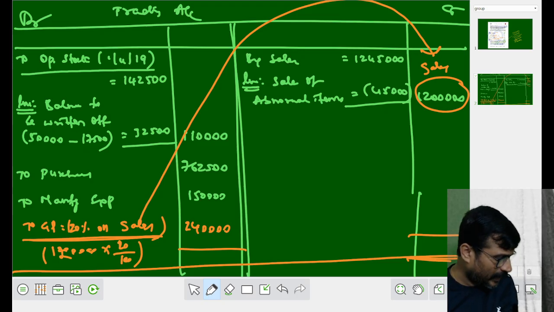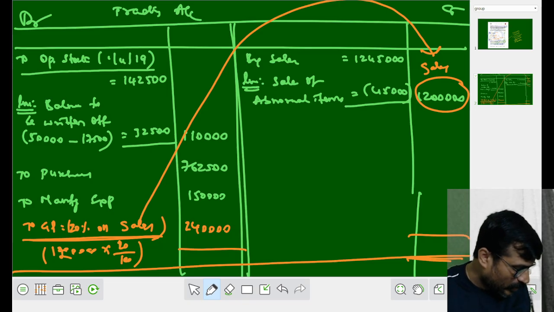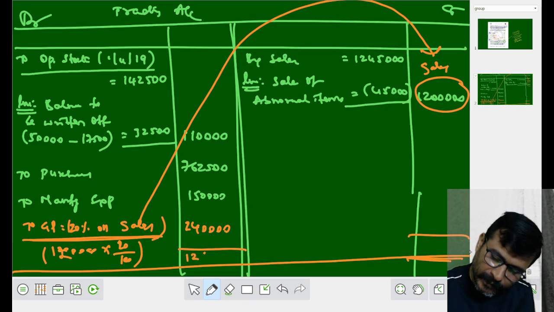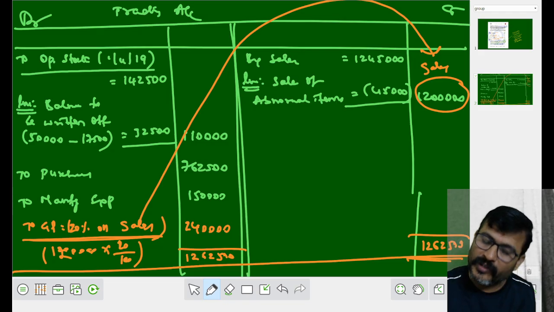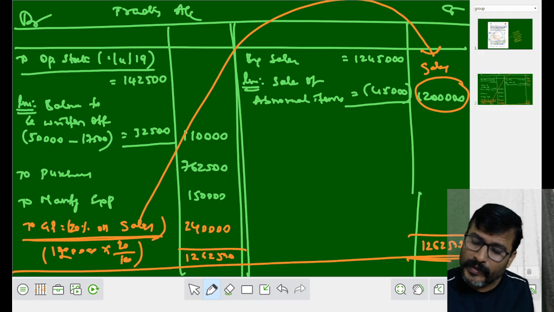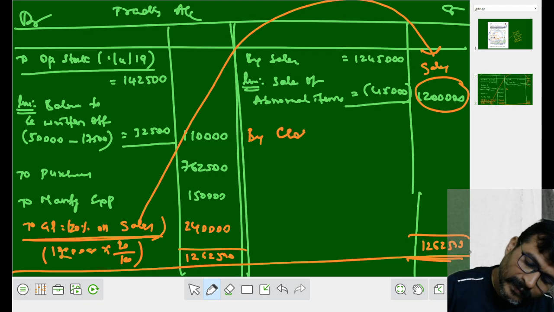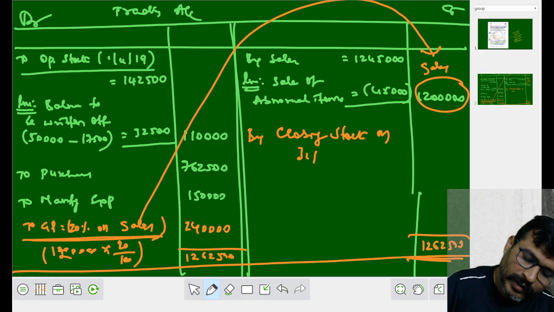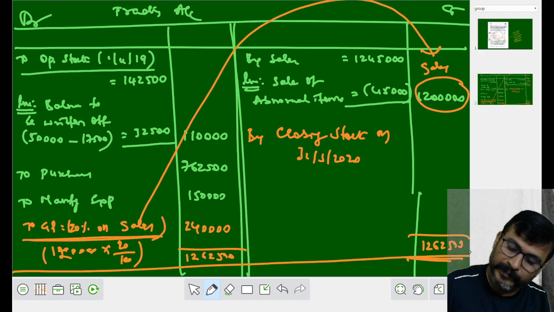Now my dear student, you close and find out the total. How much total will we get? We are getting a total of 12,62,500. What is the difference? That difference is called closing stock on 31st March 2020.